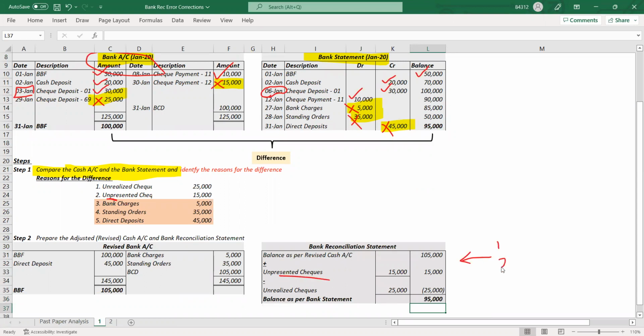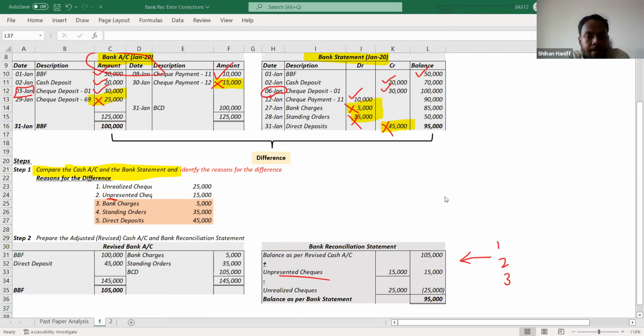Number 2, unrealized checks. Number 3, bank errors. If there's any bank error, we have to record it in the bank reconciliation statement. Is that clear? That is the basic introduction part of bank reconciliation.